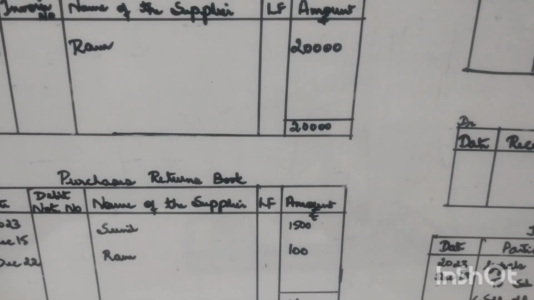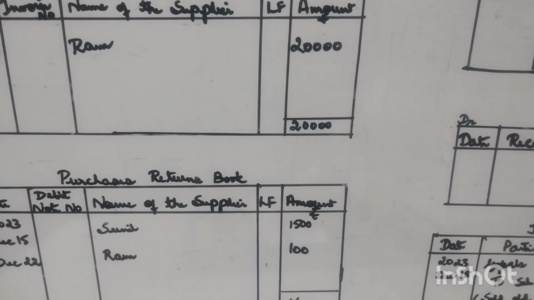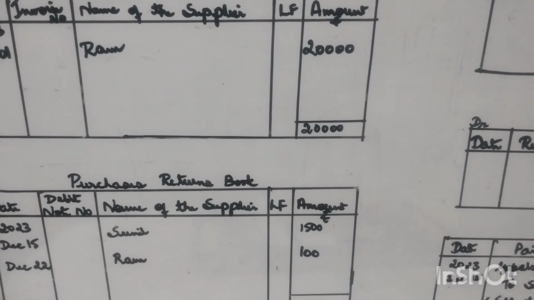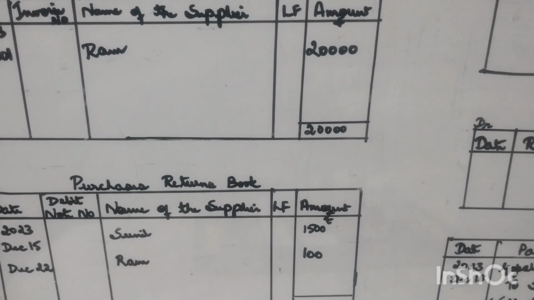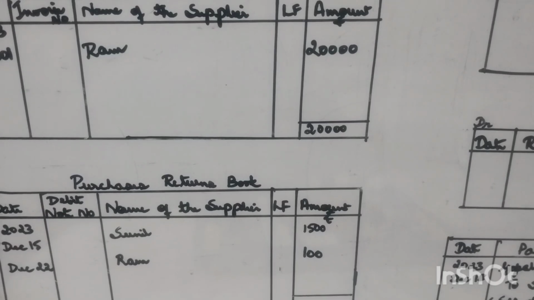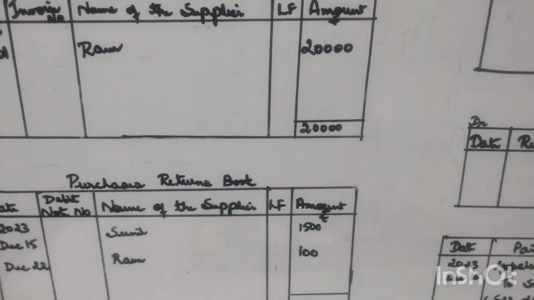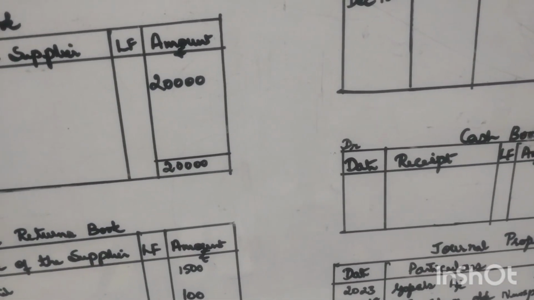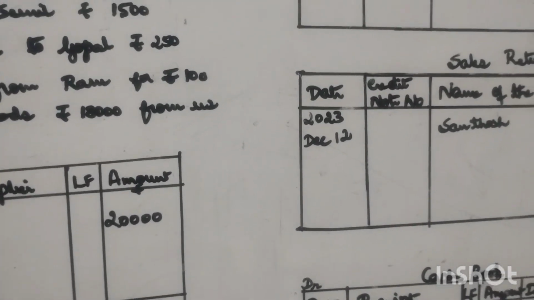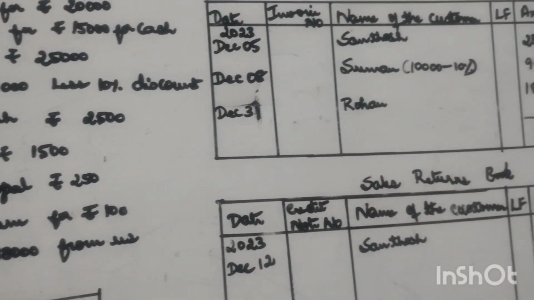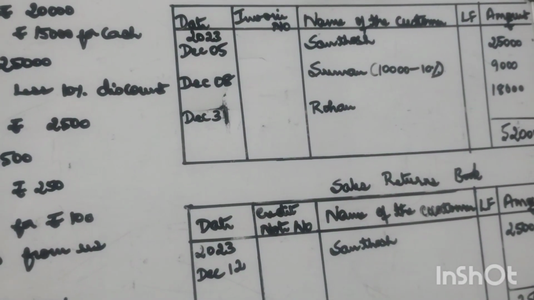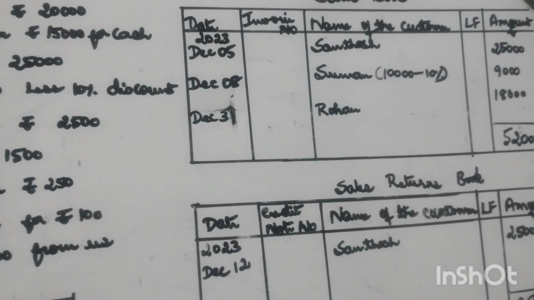Ram is the supplier from whom the firm has made credit purchase, so allowance is claimed by the firm from Ram, so it must be recorded in purchase returns book. December 25, Rohan purchased goods from us. That means the firm has made sales to Rohan, so this transaction has to be recorded in sales book as Rohan 18,000.